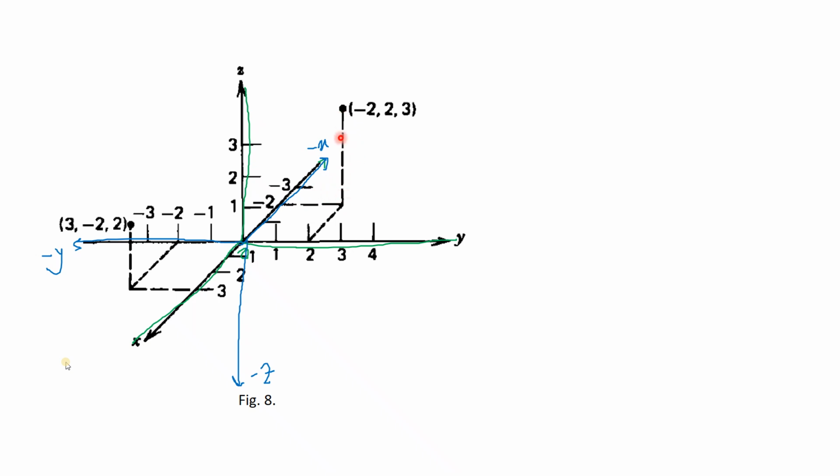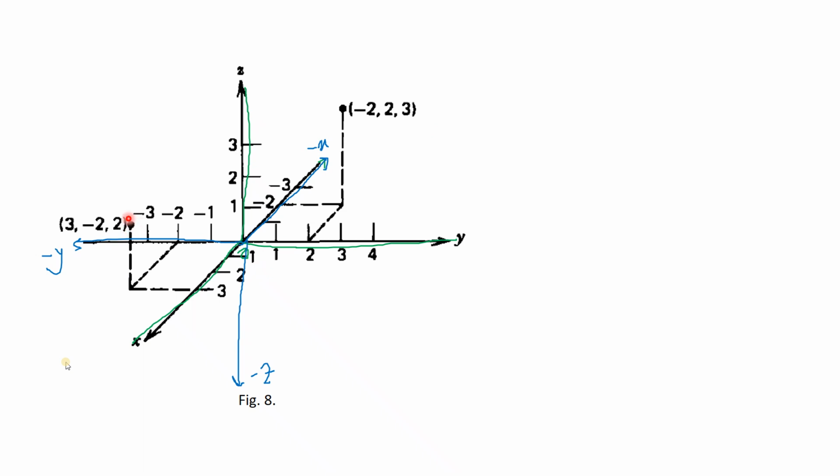So we will write minus 2. Then on the y axis, it has a value of plus 2. If it were on the left hand side, it would have minus 2, but it is on the right hand side, so it has plus 2, and the height is 3, suppose. So this point will be written like this: minus 2, 2, 3.